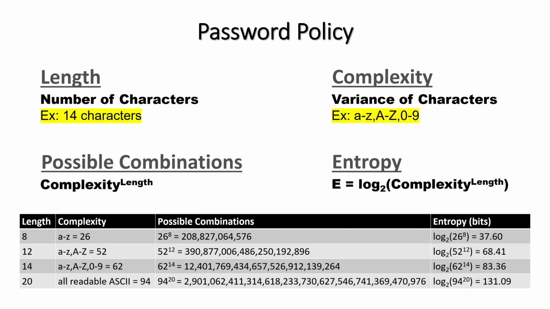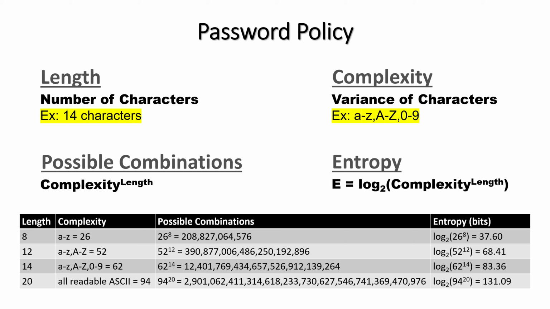The time it takes to crack a password often does heavily rely on the specs of the system that is performing the crack. The second example represents passwords 12 characters long, with characters from both uppercase and lowercase character sets, giving us 52 different characters to choose from. The third example represents passwords 14 characters long, with characters from uppercase, lowercase, and digits, giving us 62 different characters to choose from.